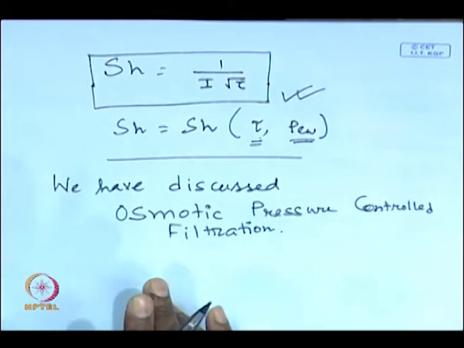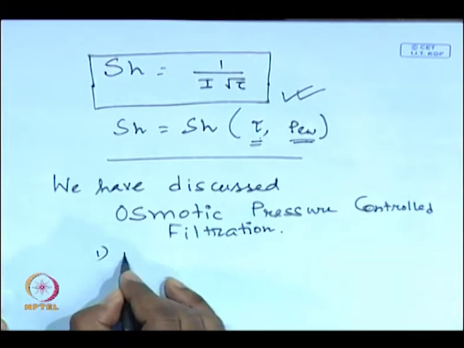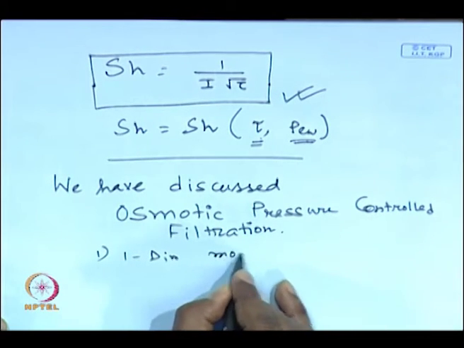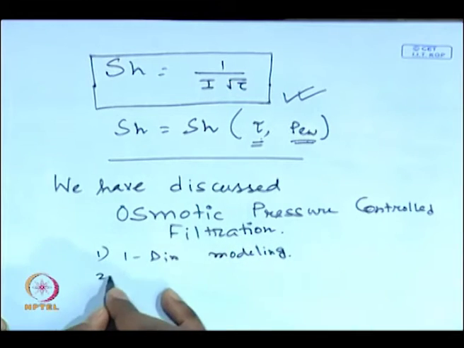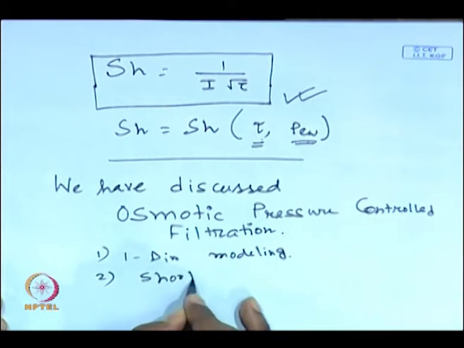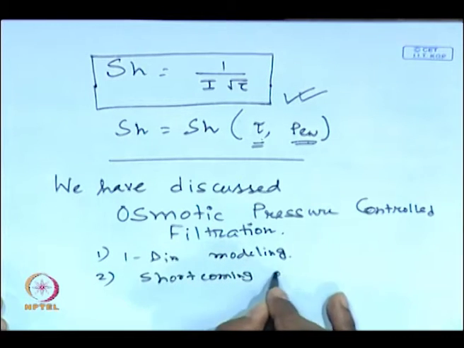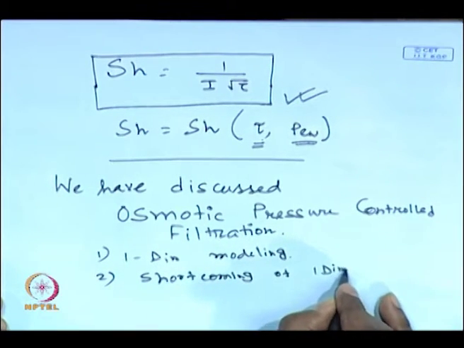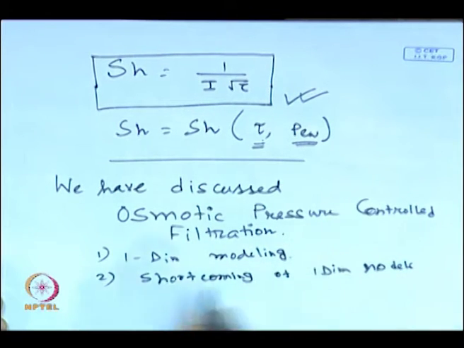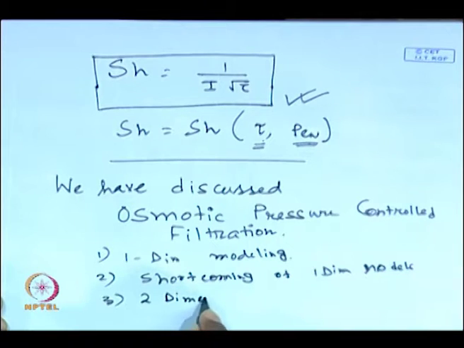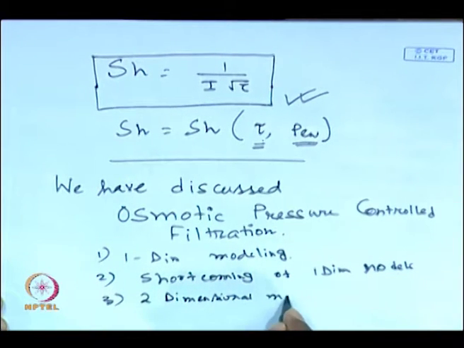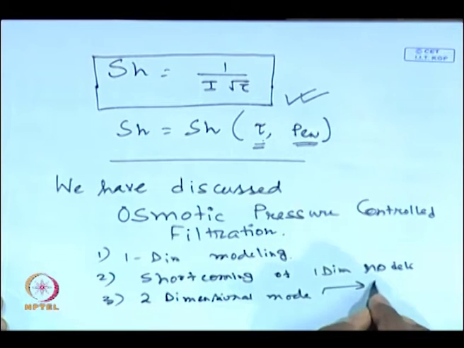We have discussed one dimensional modeling, we have discussed the shortcomings of one dimensional models, then we discussed the two dimensional model, in both geometries: a rectangular cross flow cell, that is a steady state process, and a batch cell, that is an unsteady state process.